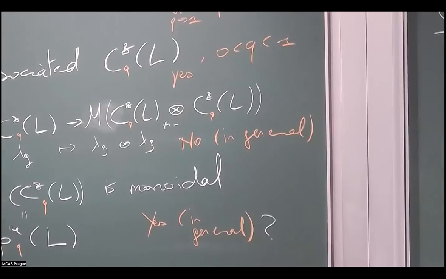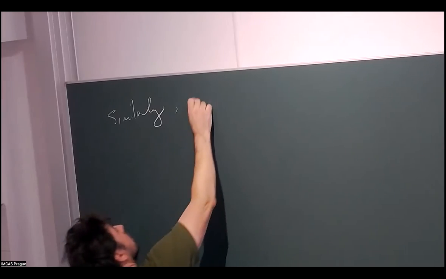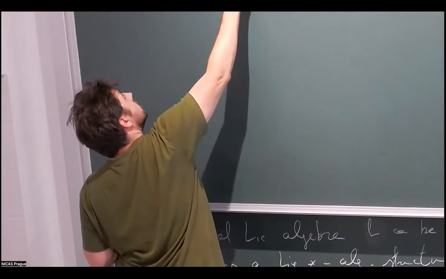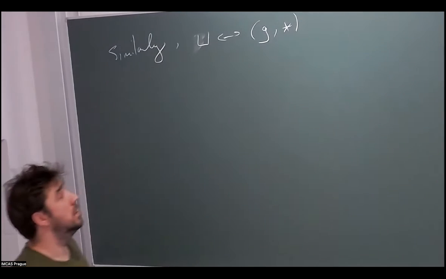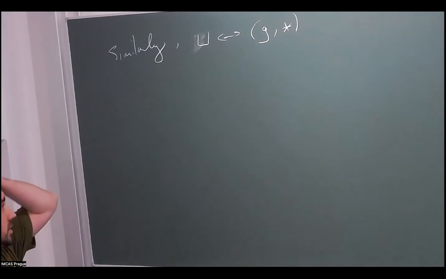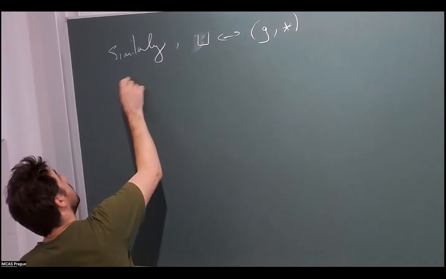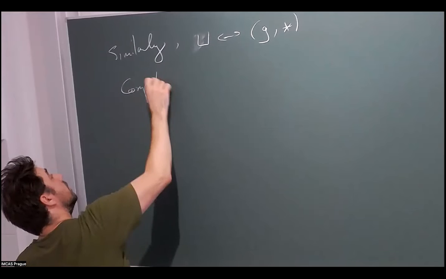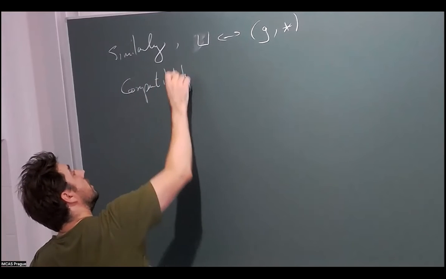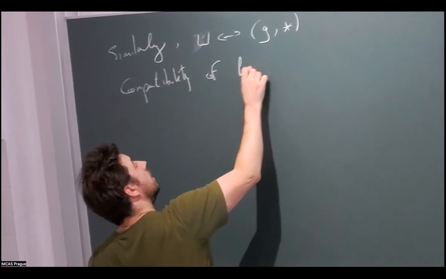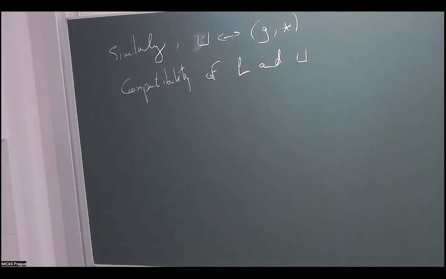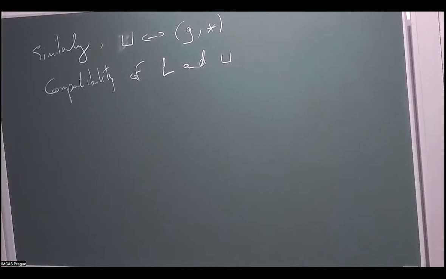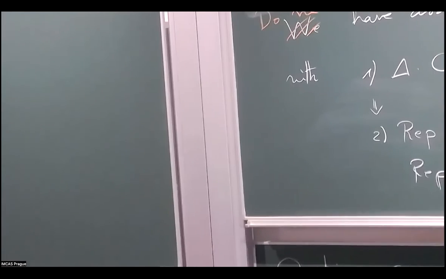So similarly, U leads to G with some other star structure, star, and then the compatibility of L and U that I had written down here, I can basically encode it as saying that star and dagger commute.